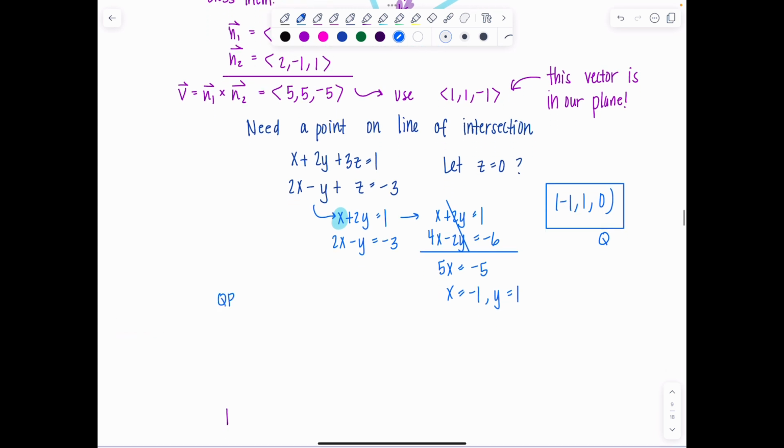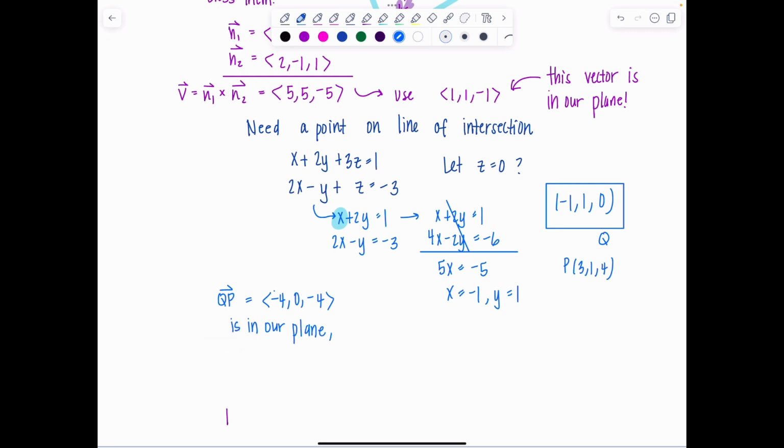So Q to P would have components. Let me remind you what P's coordinates were. P was at 3, 1, 4. So Q to P would be -4, 0, -4. That is a vector in our plane.